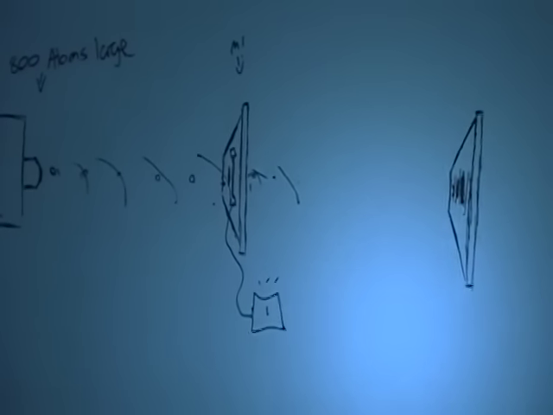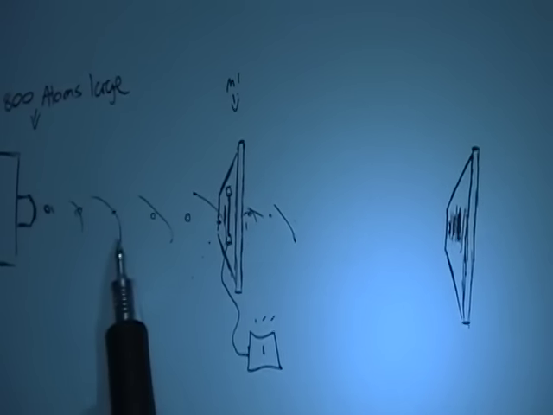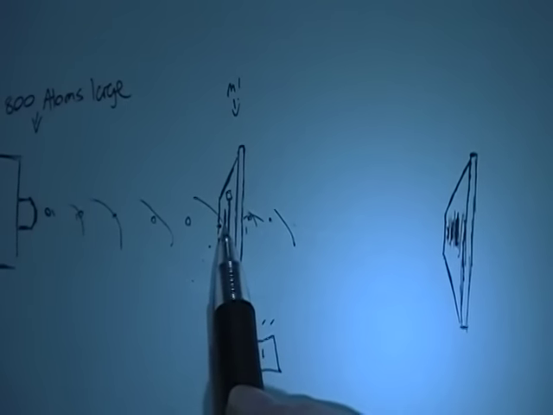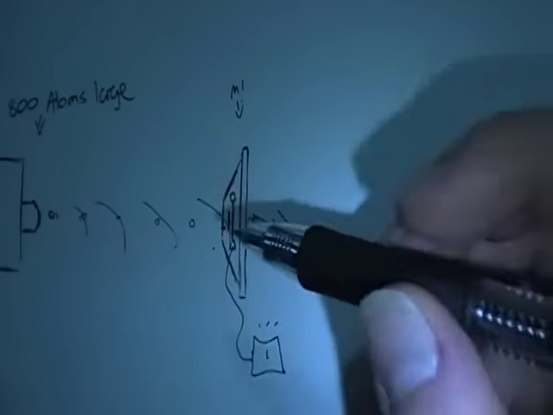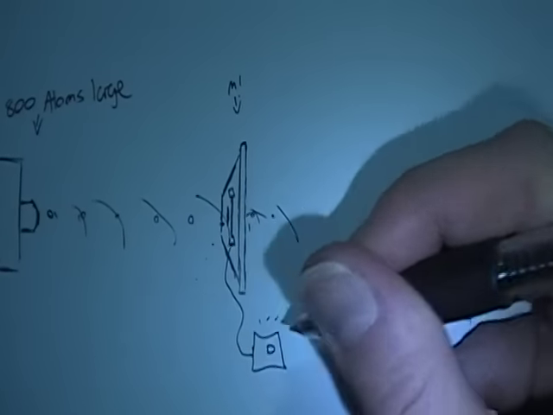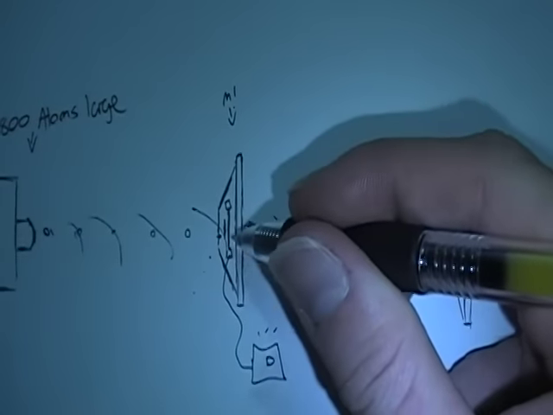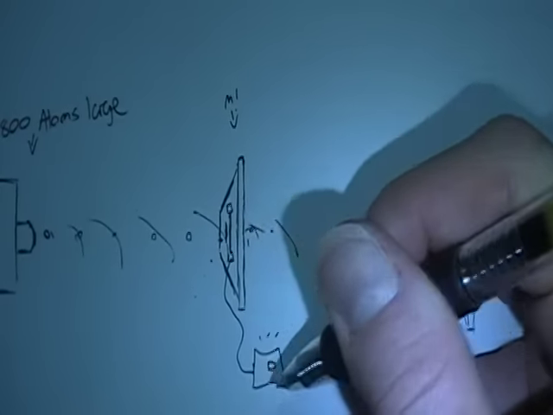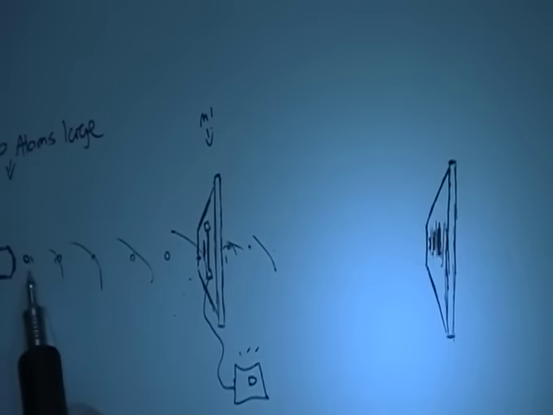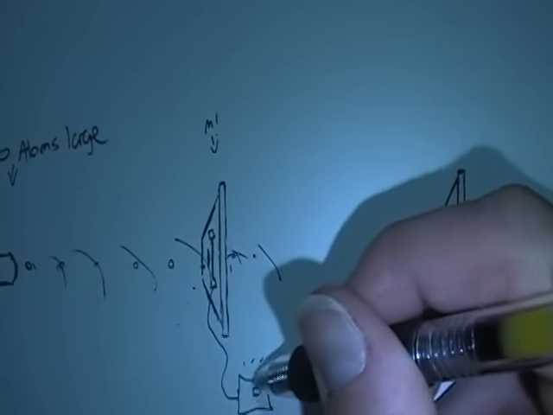What happened there was that the object passed through slit A and never interacted with our measuring device. We never got a detection. So the object goes through slit A, and we do not get any detection whatsoever right here.